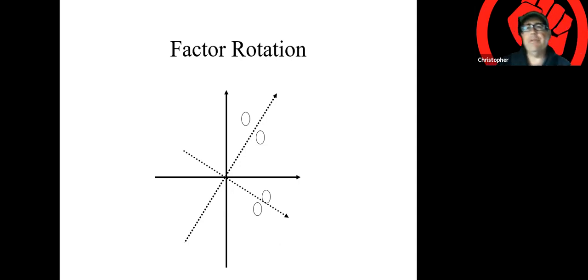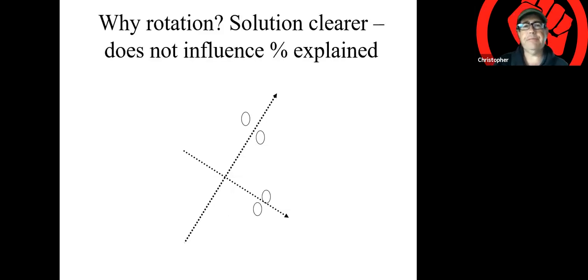Rotation is a very commonly used approach that allows us to get a more interpretable factor solution, one that allows us to say this variable goes with factor 1, this variable goes with factor 2. We'll talk about some of the techniques we use for rotation in more detail when we get to factor rotations. One thing about rotation is that it doesn't change how much of the variance we're explaining.